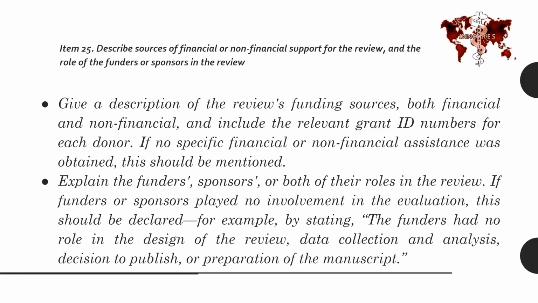It's possible, for example, for the funder, which could be an individual or an organization, to have contributed to defining the review question, to have determined eligibility, to have collected data, to have analyzed data, to have been involved at several stages of conducting the systematic review, and this could introduce a potential for bias in the review findings because, unsurprisingly, the funders could have an interest in obtaining a particular result.